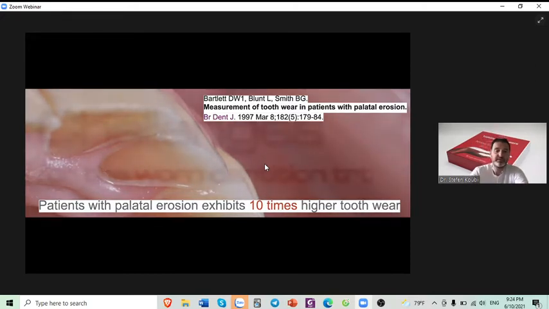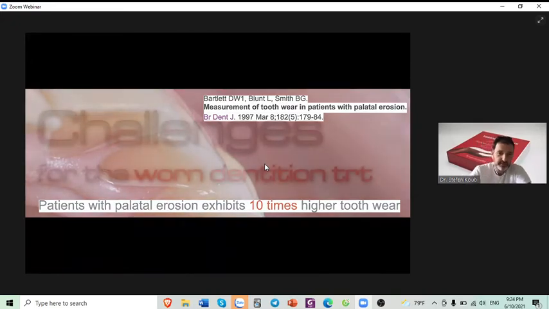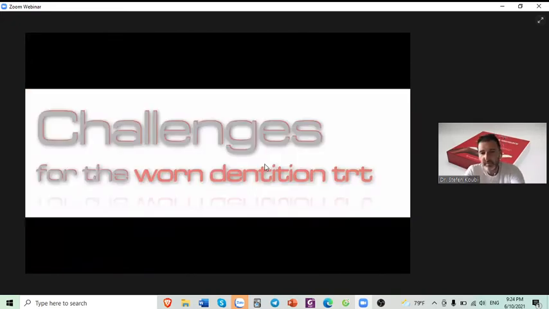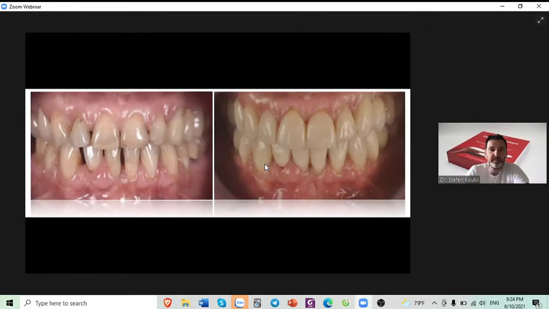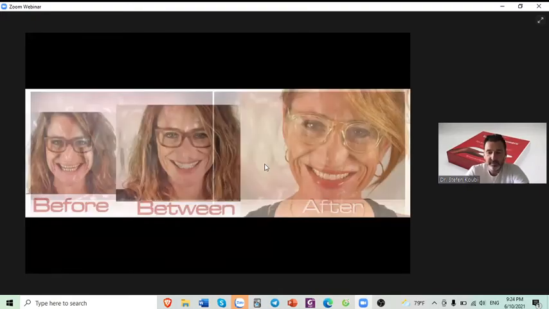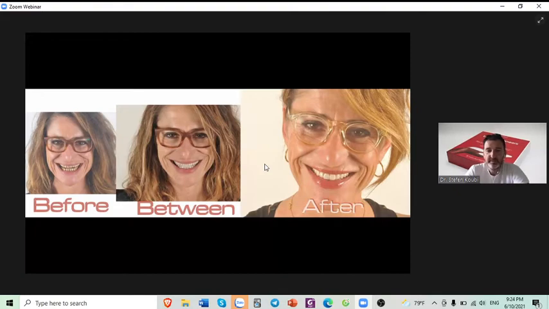So as a dentist, we have a lot of challenges. And probably the main challenge is to be able, in a repeatable way, to let the patient move from an initial situation to the final situation, following a repeatable protocol.